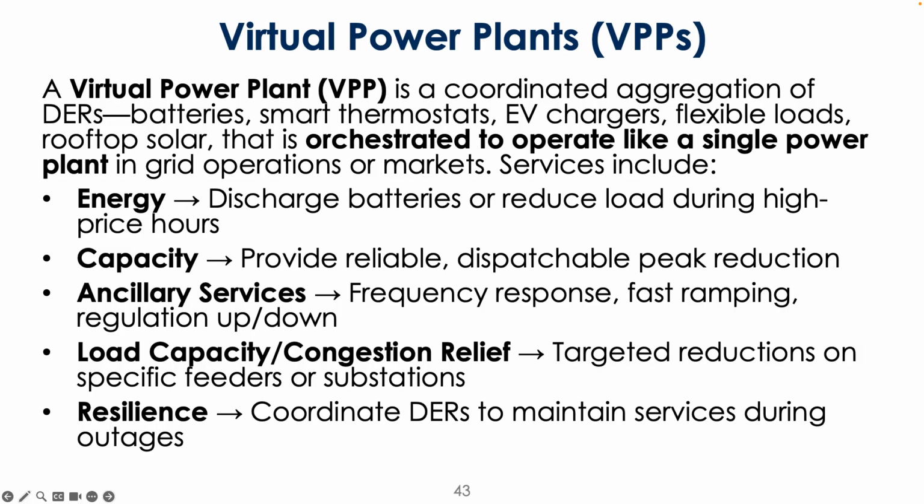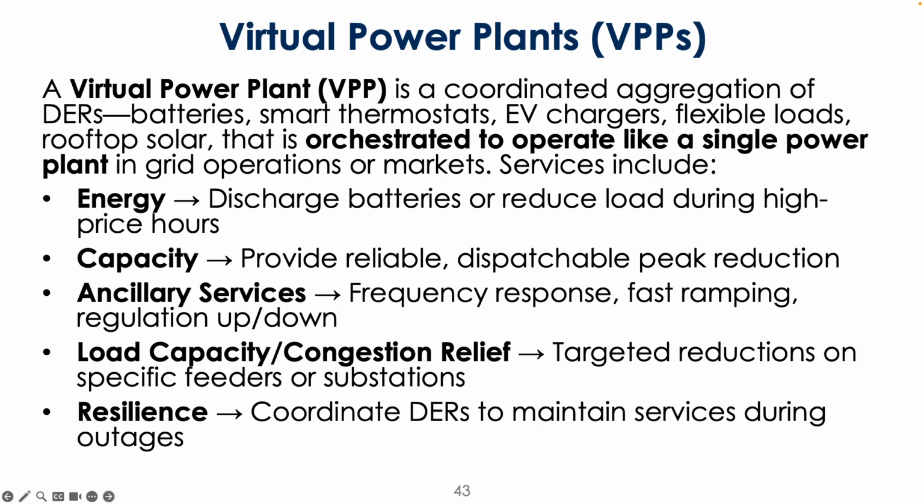So going back to this VPP thing, right? This is an aggregation of DERs, and the idea is that you're operating like a single power plant. I've been alluding to the idea that it has to be dispatchable, but maybe dispatchable in terms of increasing generation or reducing or shifting loads. That's going to look identical on the grid side.